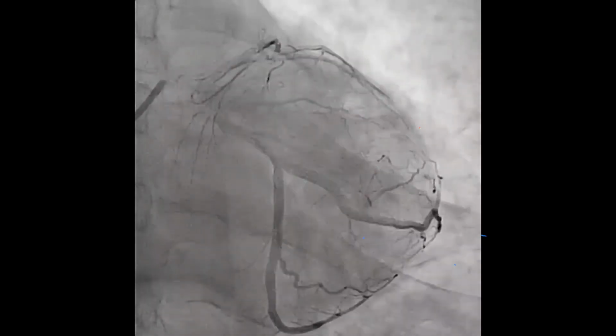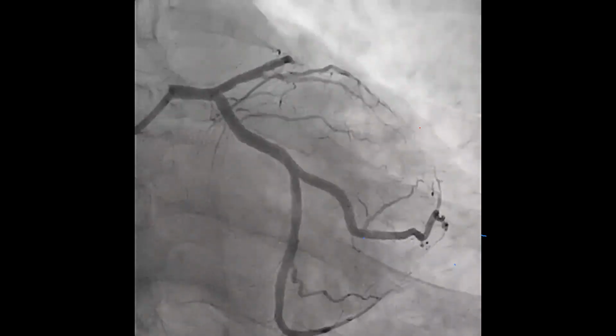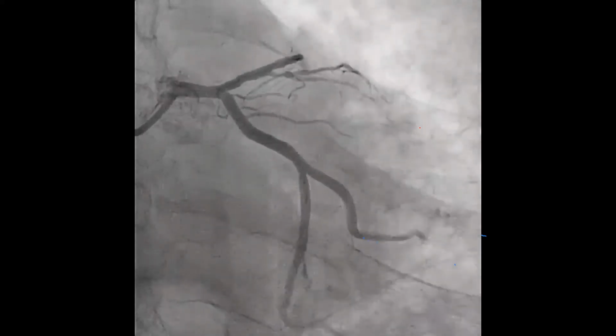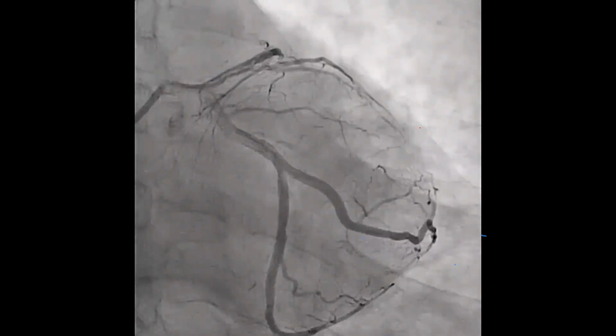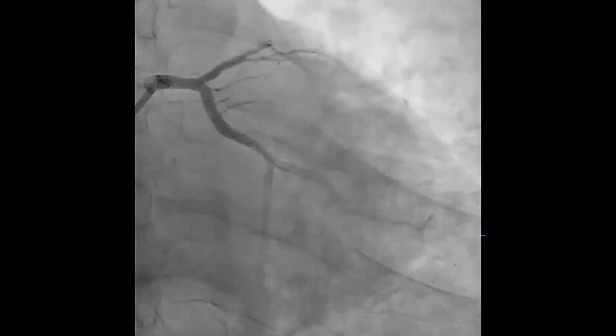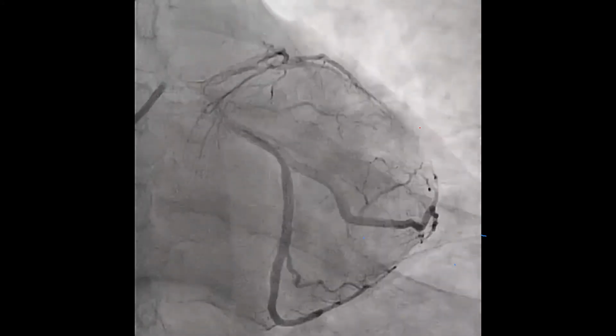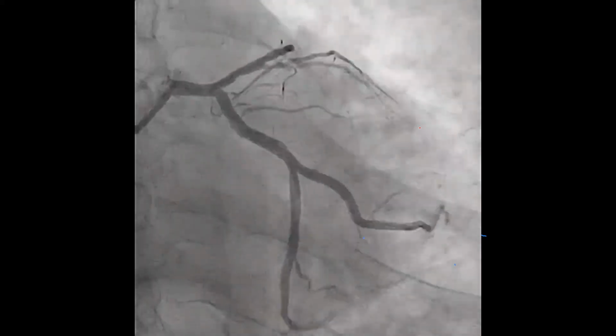Compare this with this one. Now I need somebody to read this angio. So who can read this angio? Yes, RAO view, showing the LAD is totally occluded, from after the first diagonal.